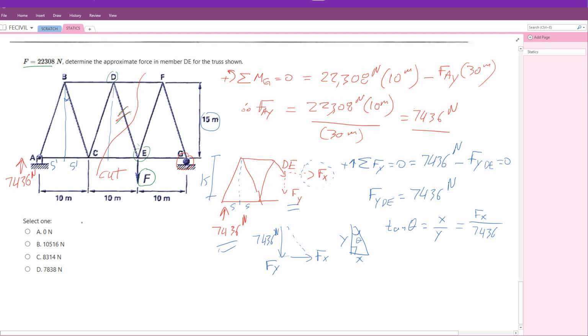Okay, so we can change the color real quick and use green since we are in the last step. So we have tangent theta is equal to 5 over, this is the x component, over y, which is 15. Let me bring the calculator back.